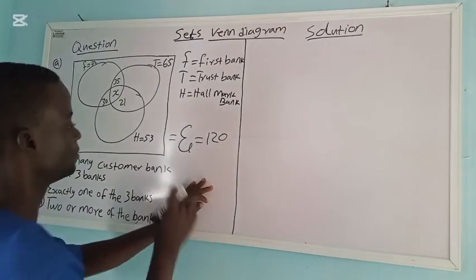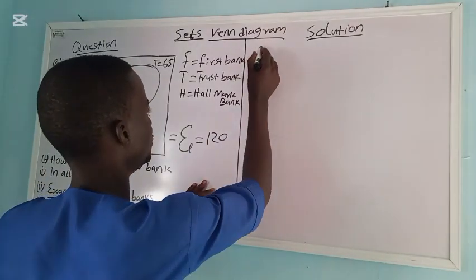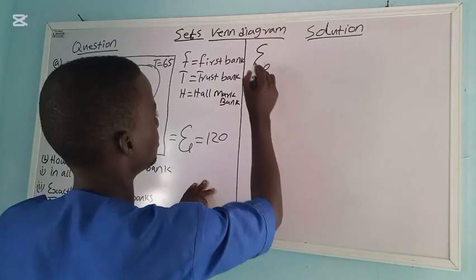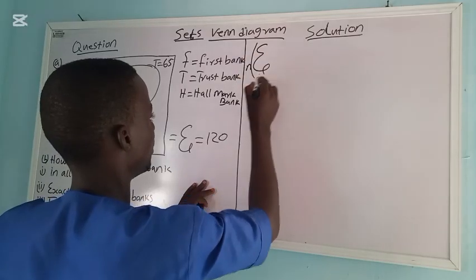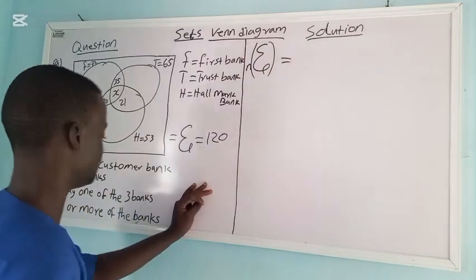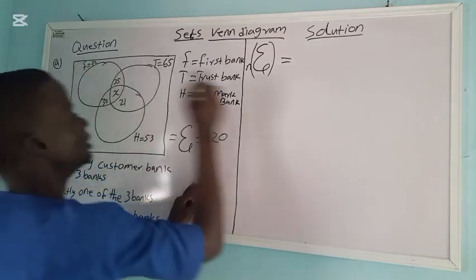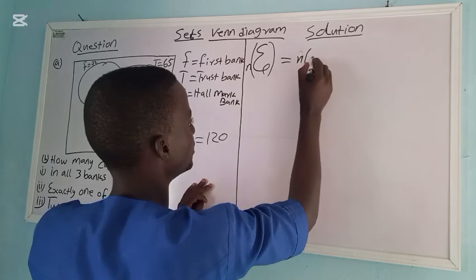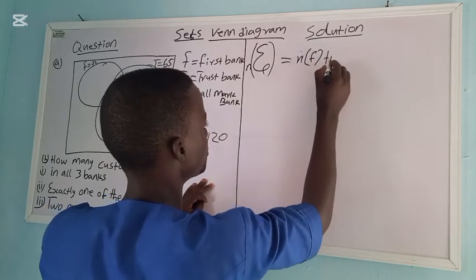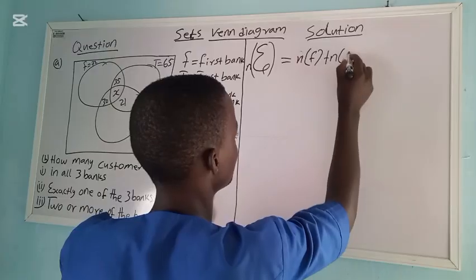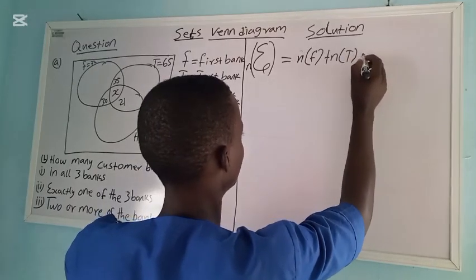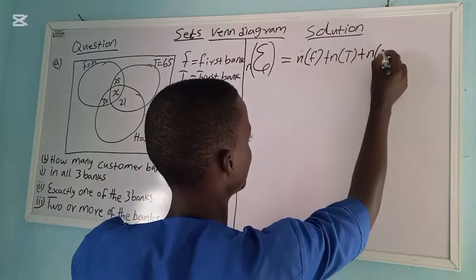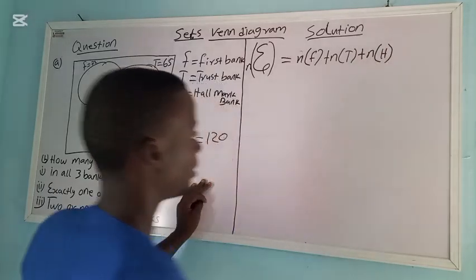Now let's continue. Now I put the summation, the universal, n in brackets, is equal to n of F in brackets plus n of T in brackets plus n of H in brackets.